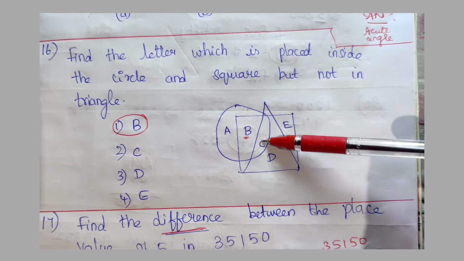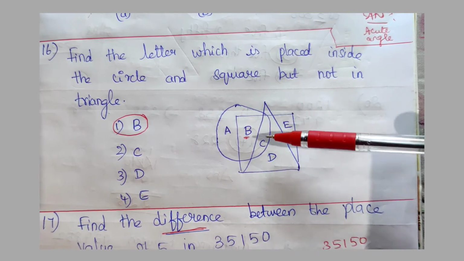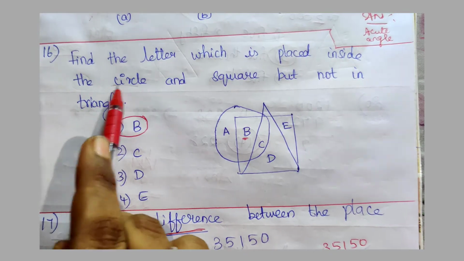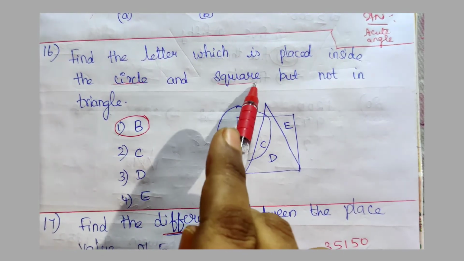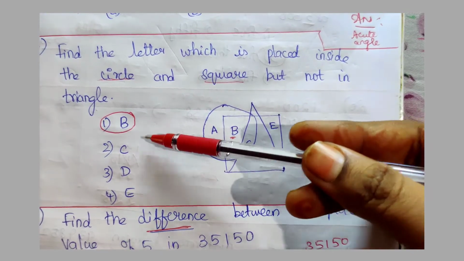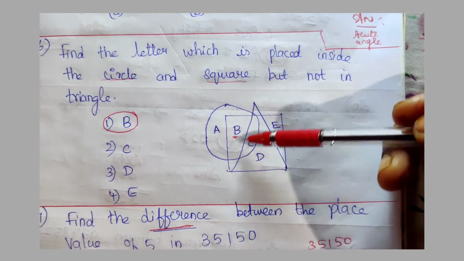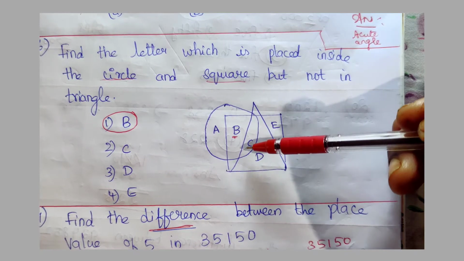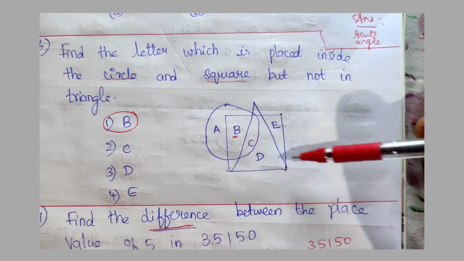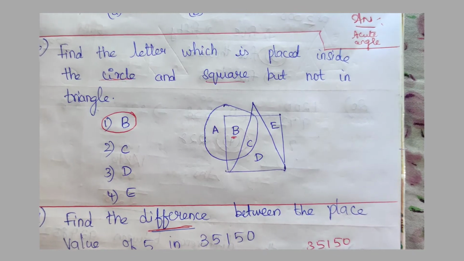C is placed in the circle and triangle but not in the square. The question is, what is the letter which is placed in the circle as well as the square? So clearly B is the letter which is placed inside the circle as well as in the square, but B is not in the triangle. B doesn't lie anywhere in the triangle.